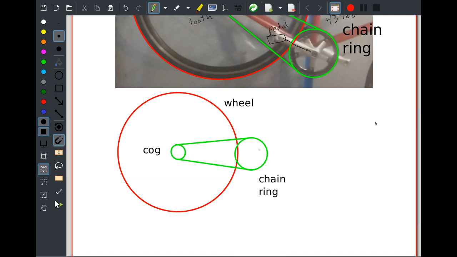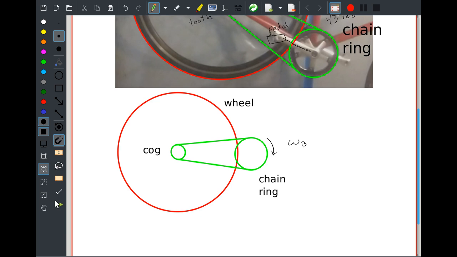This system is totally constrained, that if the cog is moving at a certain speed, then it determines the speed of every other component. Or if it's accelerating, then every component is accelerating. So what we're going to do is say that I'm pedaling the bike at an omega.